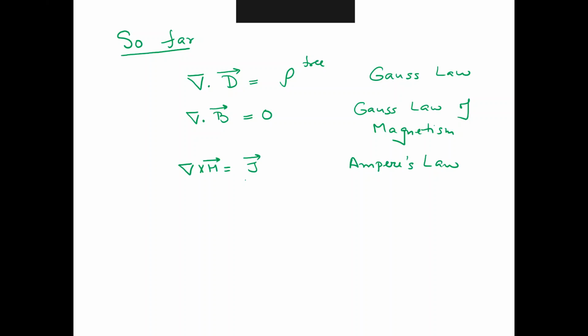It has to curl around the source. That's what we had learned there. And over the last lecture and a half, we have learned the last equation, which is del cross E is equal to minus del B by del t, which is Faraday's law.